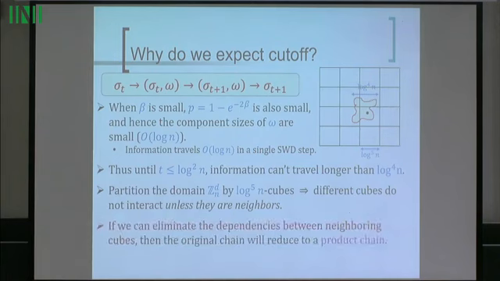So if we can somehow eliminate the dependencies between the two neighboring cubes, then we will end up having some independent Swendsen-Wang dynamics going on the smaller subcubes. Okay? And then the original chain will reduce into a product chain. And since product chains are one of the basic examples of cutoff, we can expect the Swendsen-Wang dynamics should also have cutoff as well.